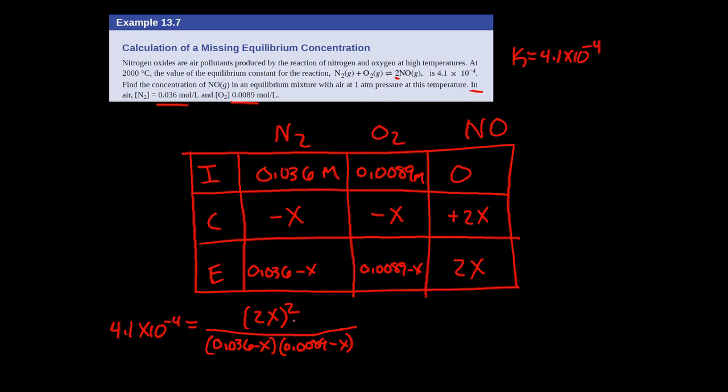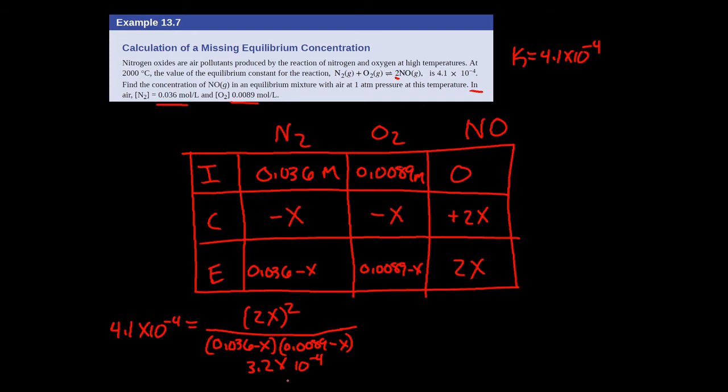So if we make the x is small assumption, that's going to make these two x's just go away, which would leave us with 0.036 times 0.0089 in the denominator, which is 3.2 times 10 to the negative 4, essentially.